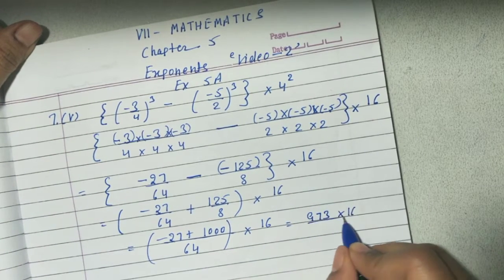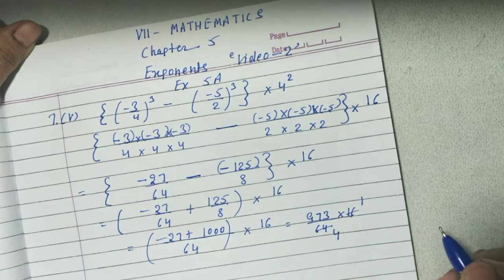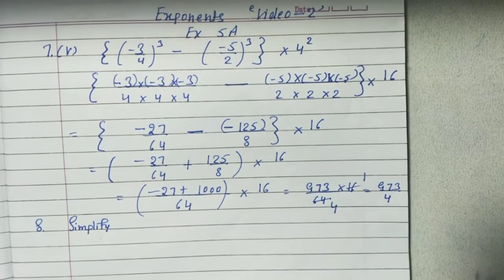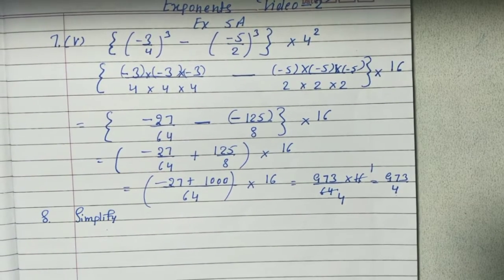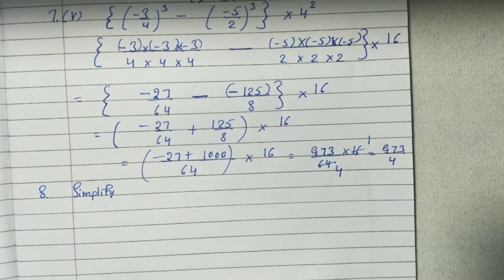Multiplying 16 divided by 64, 16 once and 16 fours, is equal to 973 by 4, which is our answer. Now in question number 8, again simplify and express your answer as a rational number.